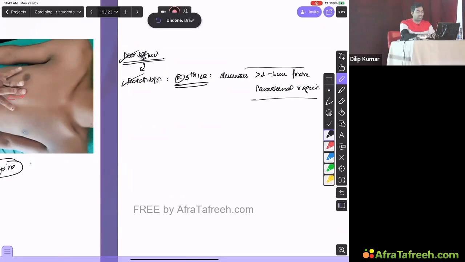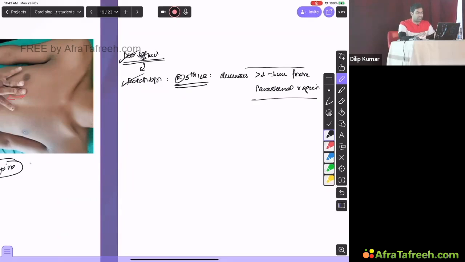That's called Rotch sign. If the dullness extends more than 2 to 3 centimeters from the parasternal region on the right side, of course, that's called Rotch sign.